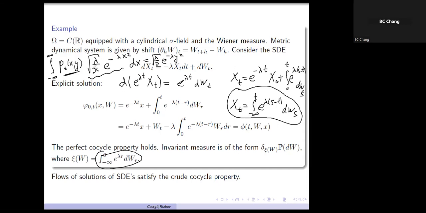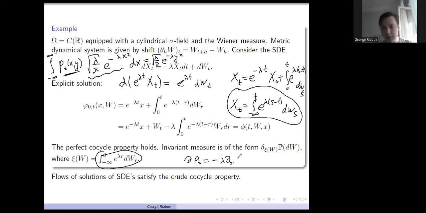Okay. This is one way, and another way is to write the equation that dp_t is equal to minus lambda d_x (x p_t) plus 1/2 d_xx p_t.